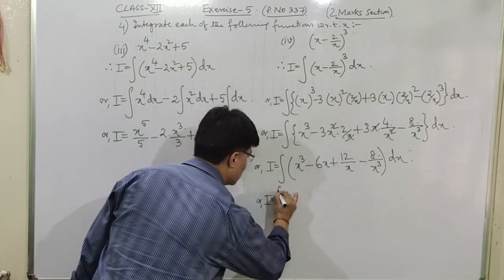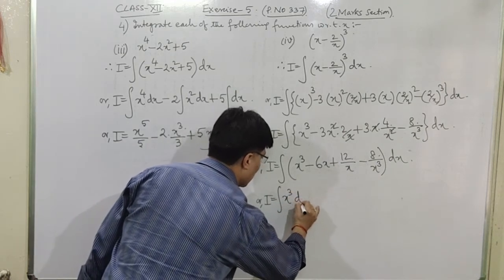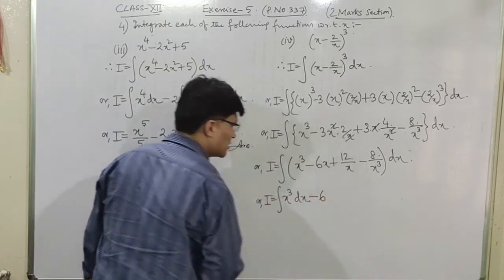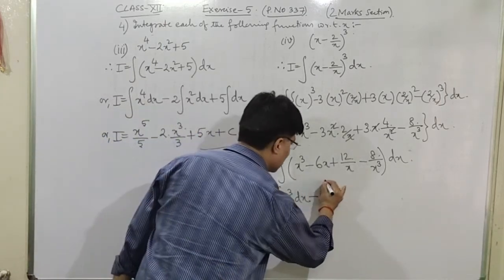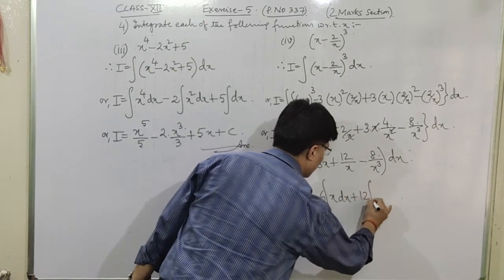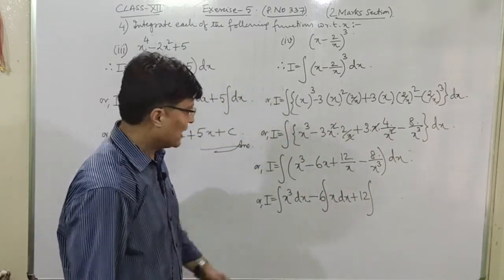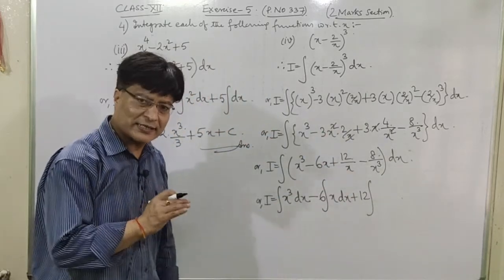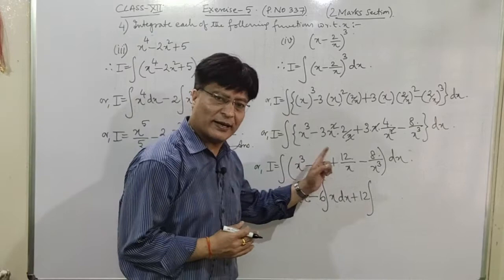Or I is equal to integration of x cube dx minus, since 6 is constant, it is taken outside the integral sign, then integral sign x dx plus 12 integration of, can you take this x to the numerator? If you take x to the numerator, it becomes x to the power minus 1.